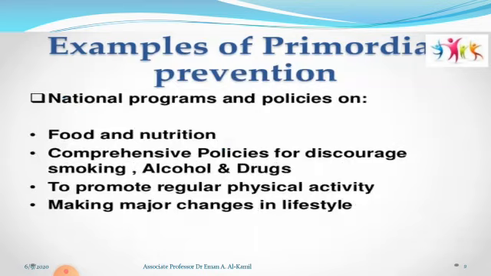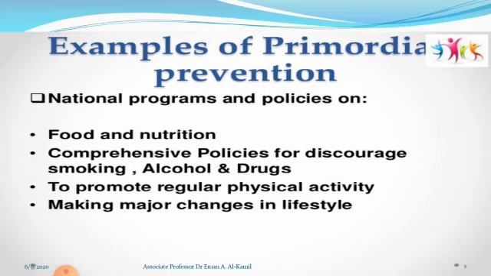Examples of primordial prevention include national programs and policies on food and nutrition. Many governments or states establish certain policies for the prevention of the establishment of risk factors.